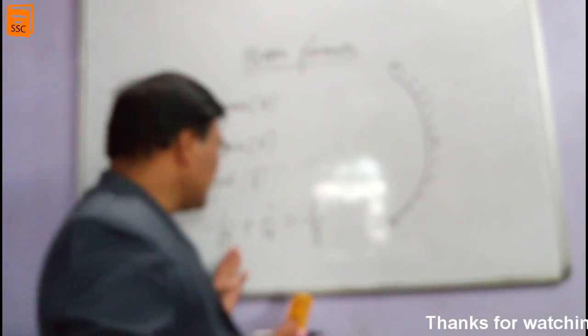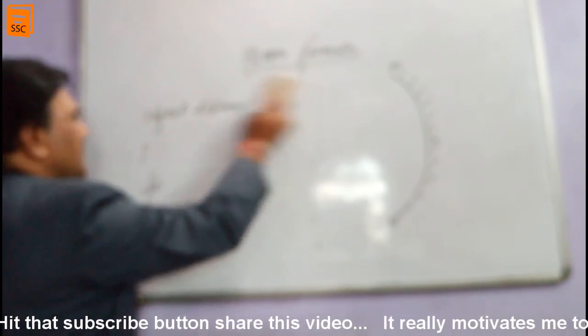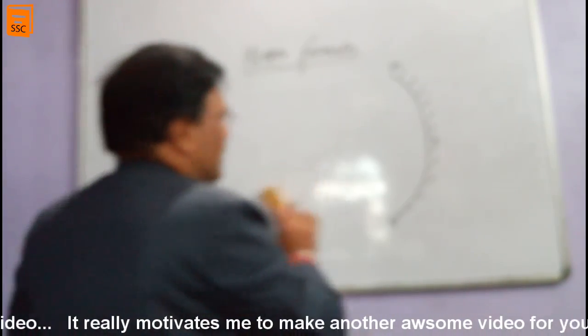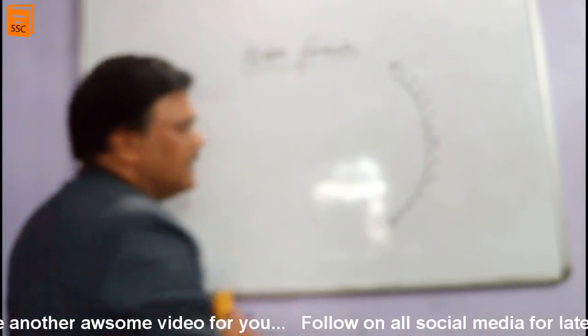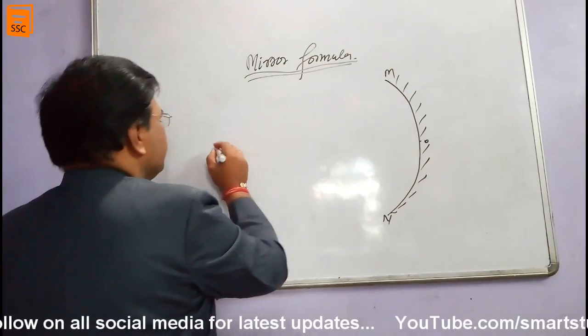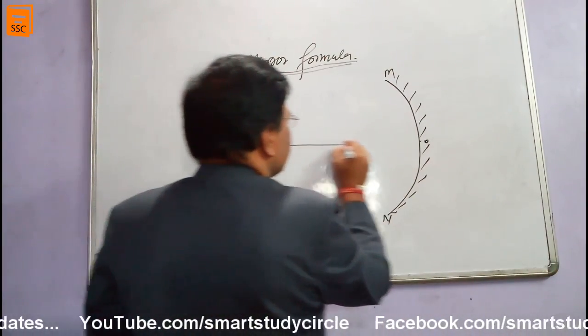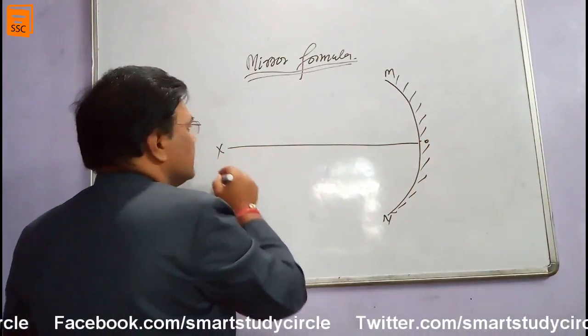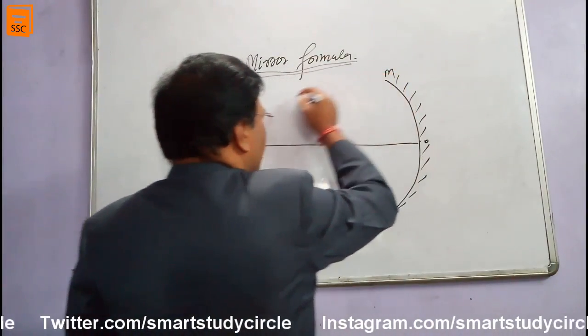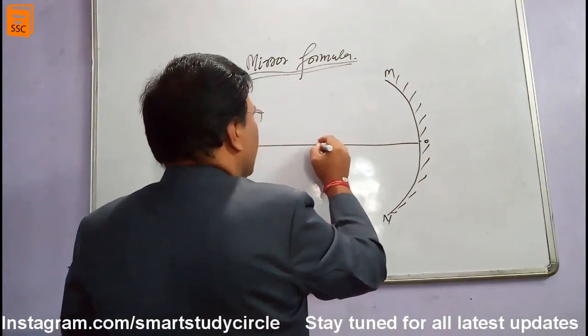First, know what V, U and F are. See here properly. Here we have MON as a concave mirror. This one is the principal axis, OX. The mirror is a part of a sphere, and its center is considered as the center of curvature C, and half of this is considered as F. OC is the radius of curvature.